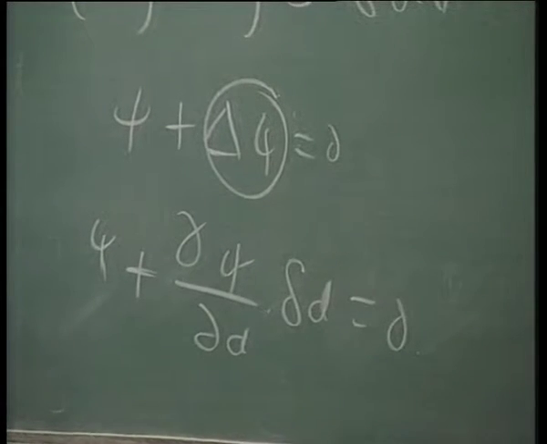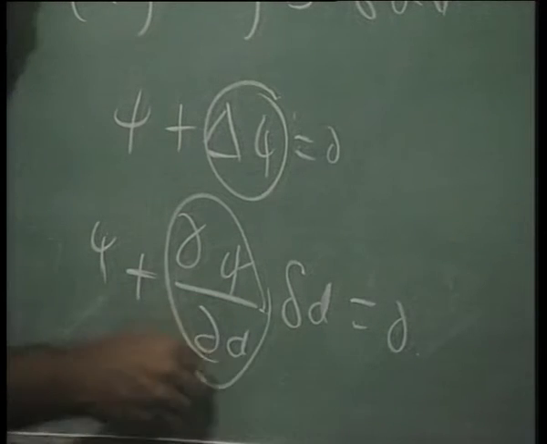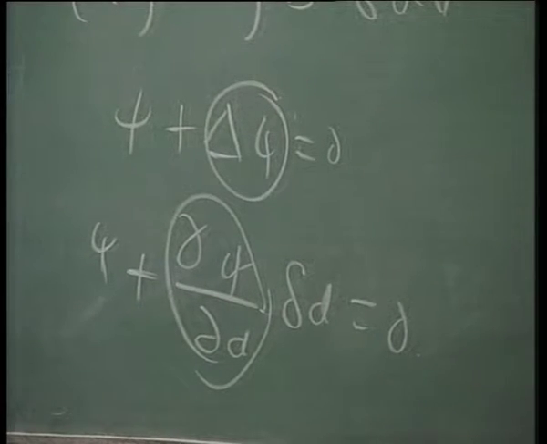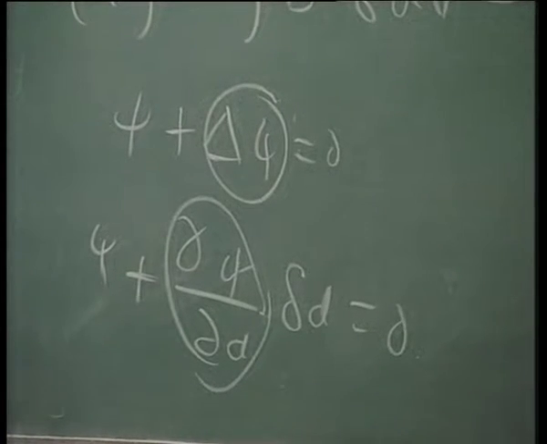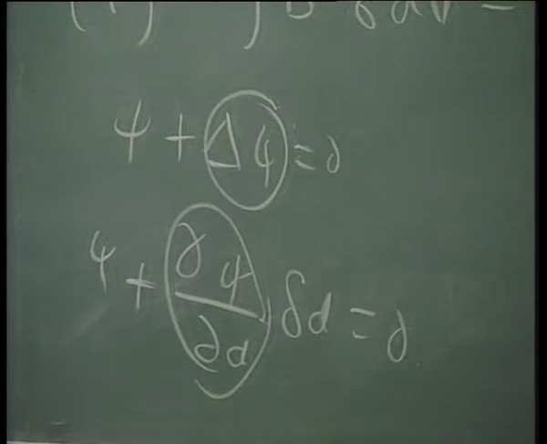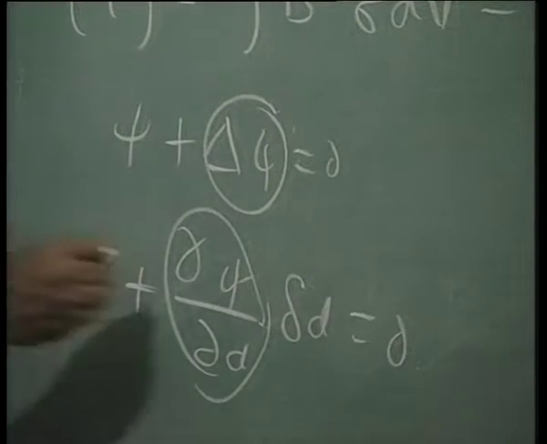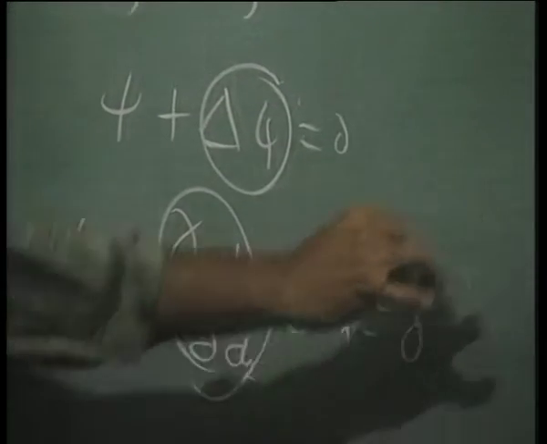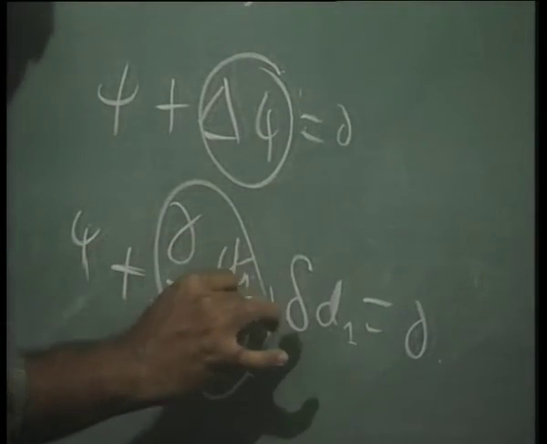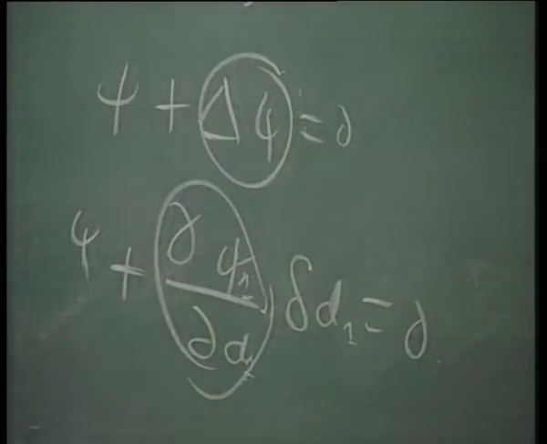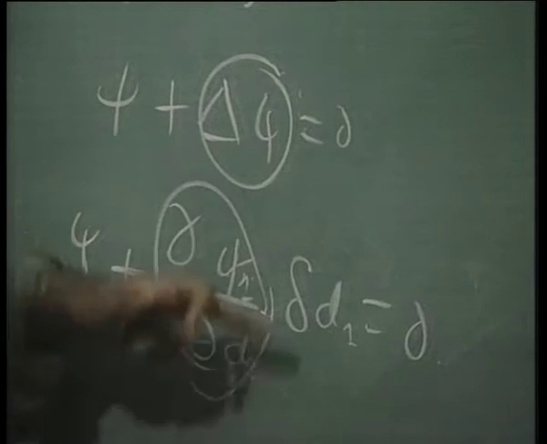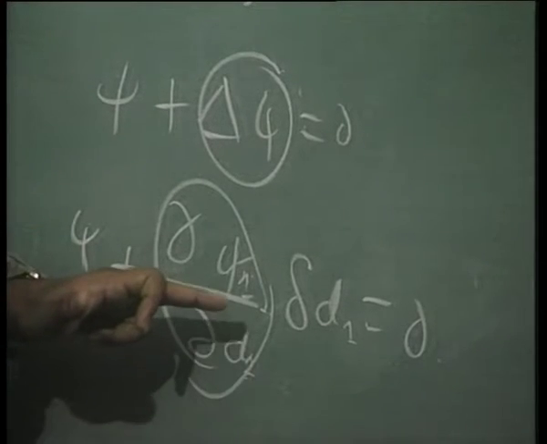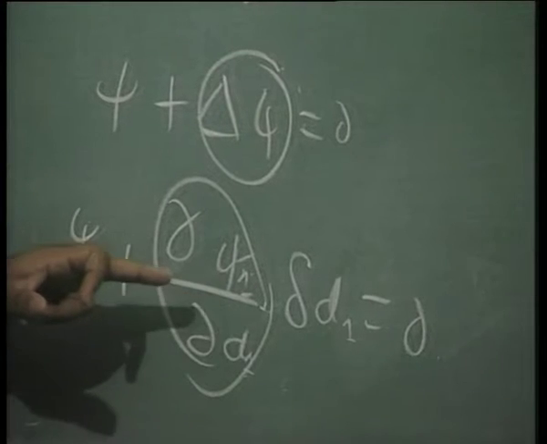Please note that this will be a matrix. If you expand this, it is a complete expansion: dou psi 1 by dou d1 into delta d1 plus dou psi 1 by dou d2 into delta d2 and so on, then dou psi 2 by dou d1 and so on. So both of them being vectors, when I differentiate this I get a matrix here, and that is the KT matrix.